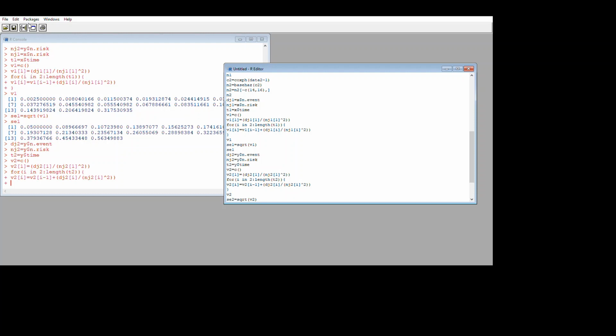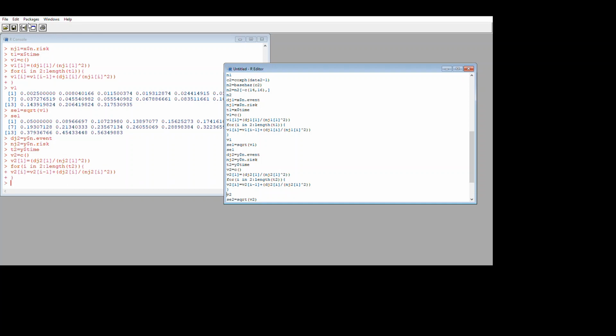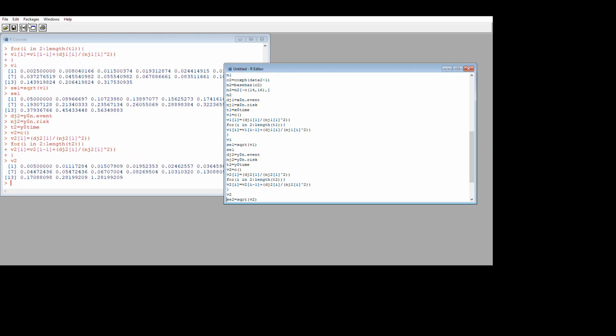The ith element of v2 is equal to the (i-1)th element plus the ratio of the ith dj by nj square. We close the loop.